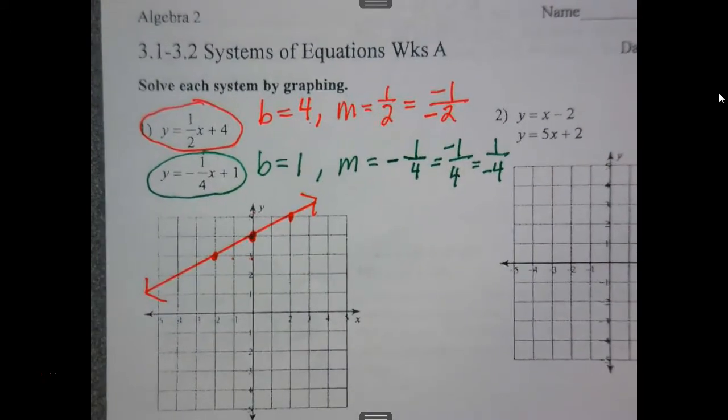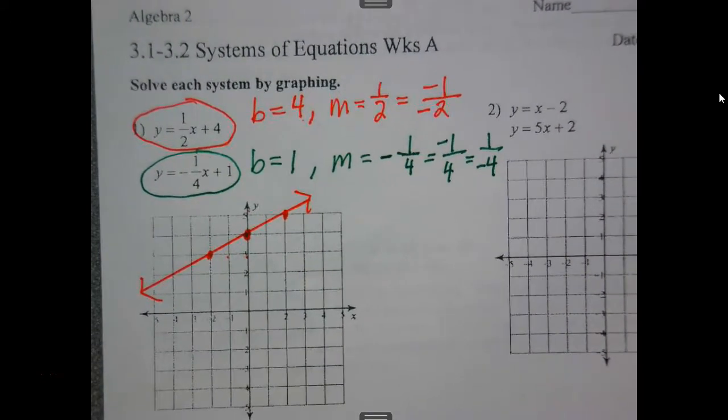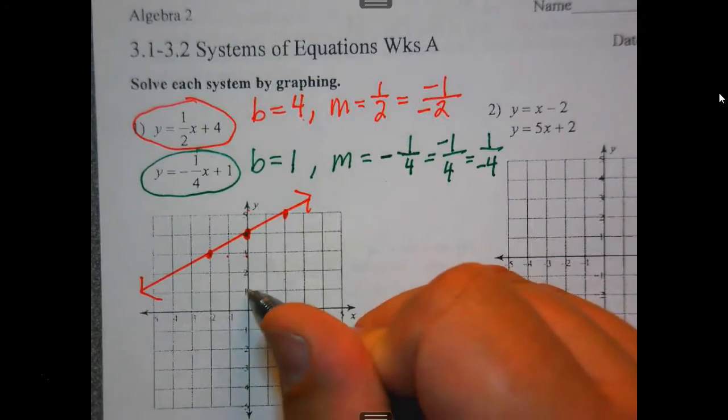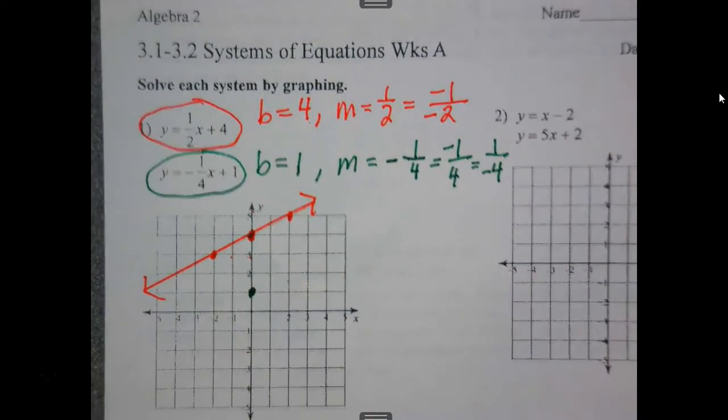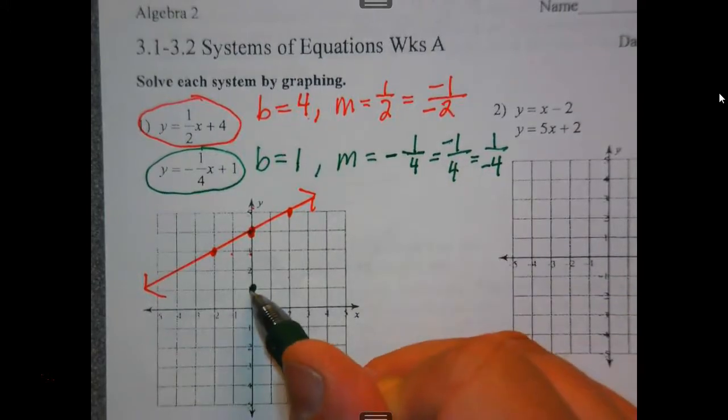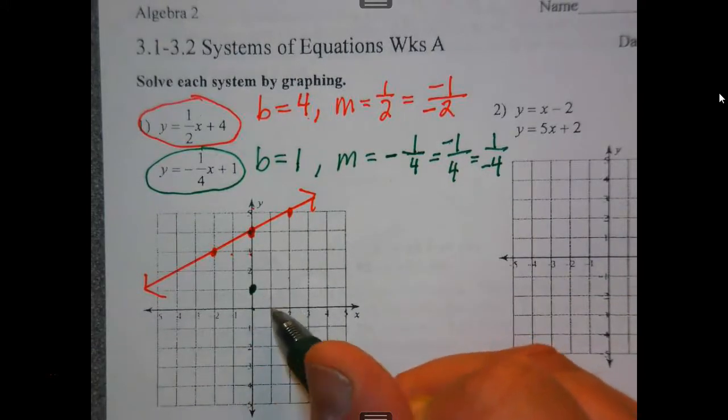Okay, thank you, Brandon. It crosses my y-axis at 1. If I use -1 over 4, that means I have to go down 1 to the right 4.